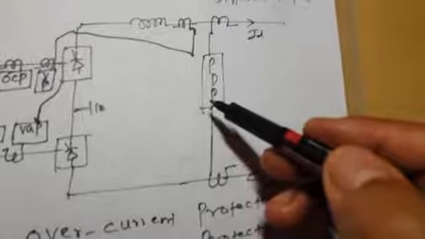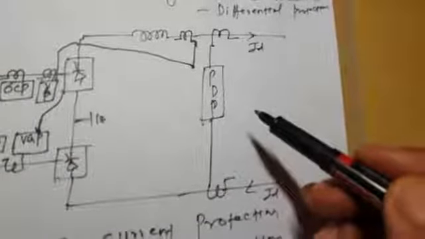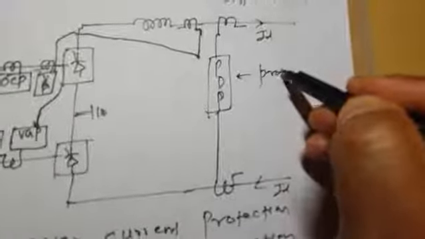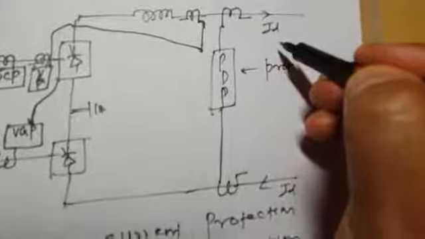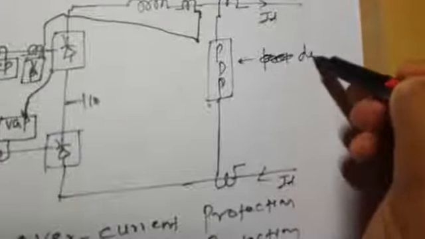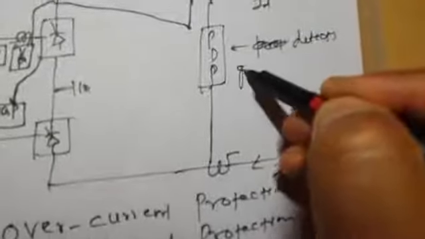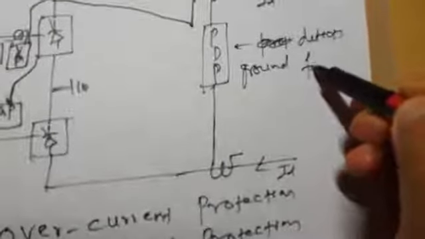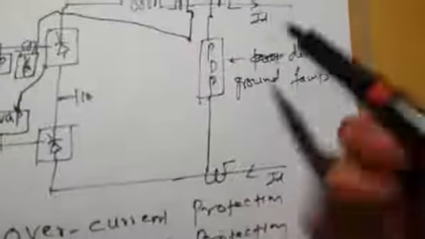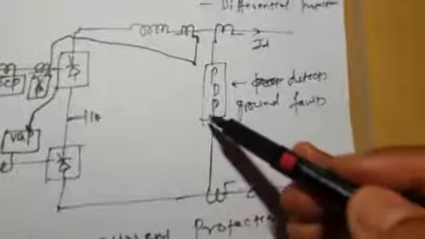So this pole differential protection senses the difference between the two pole currents, and it detects ground faults, because whenever there are ground faults, the two pole currents will be different, and pole differential protection will provide the protection on the DC side.